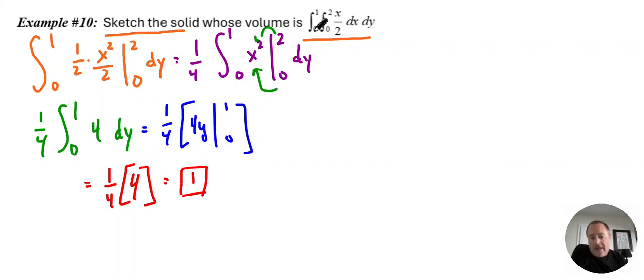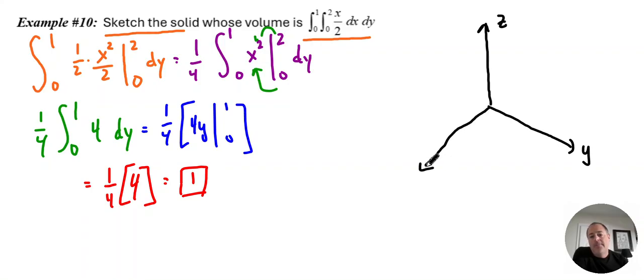So when we sketch this thing and look at it a little bit, our answer should actually end up being 1. So the first thing that I'm going to do here, and I apologize now for how hideous my drawings are, is we're going to go ahead and draw an x, y, z coordinate system. And the first thing I want to acknowledge here is that on the y-axis, we're going to go from 0 to 1.